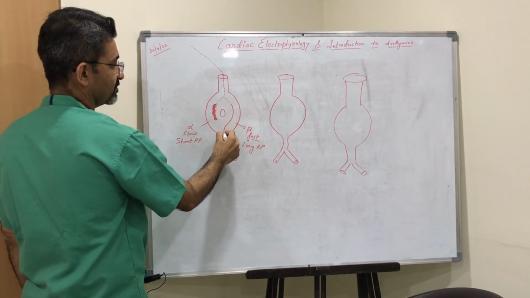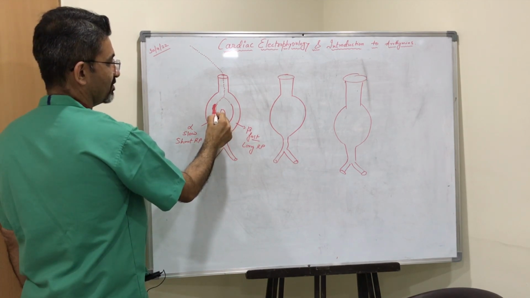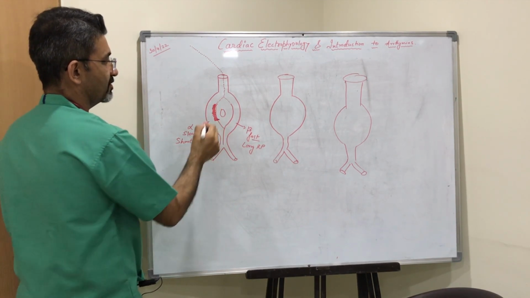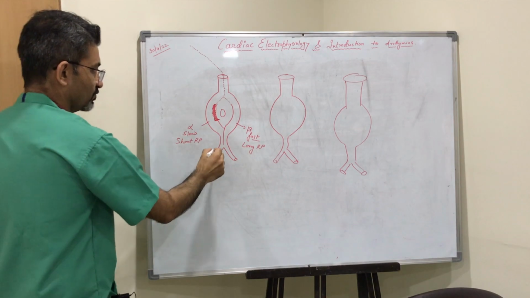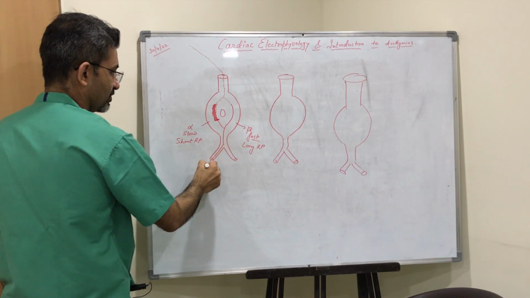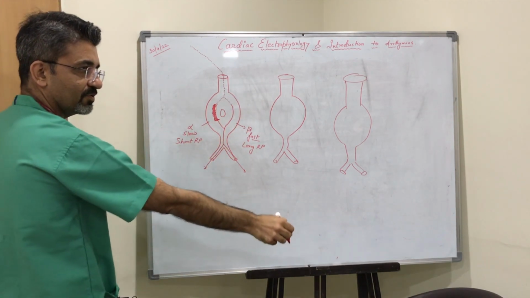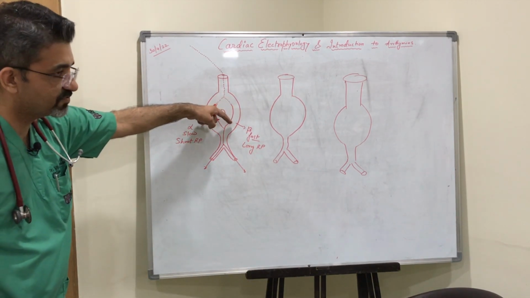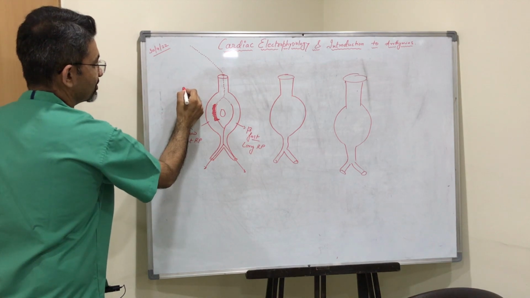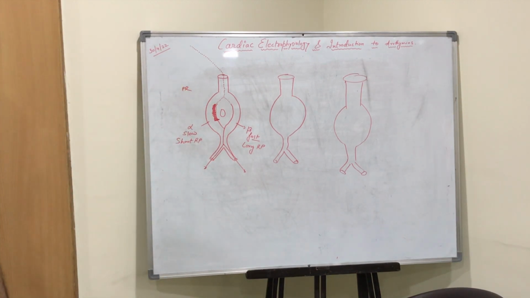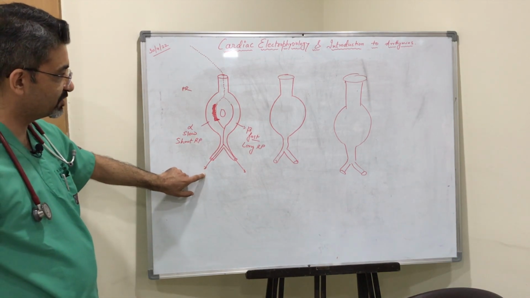It goes down and goes up, but both will cancel. So you have a normal right bundle, left bundle, which goes down. Because the conduction is fast, PR will be shortened. Got the point? The moment it goes here, you will have QRS.